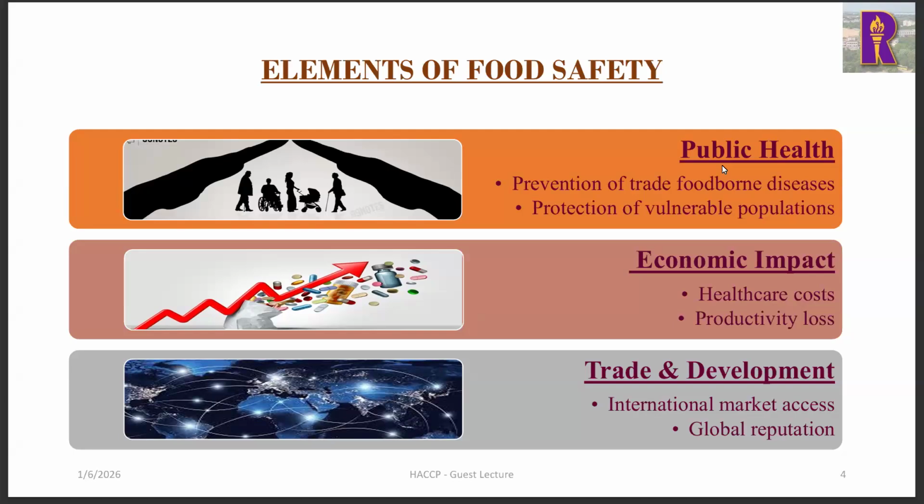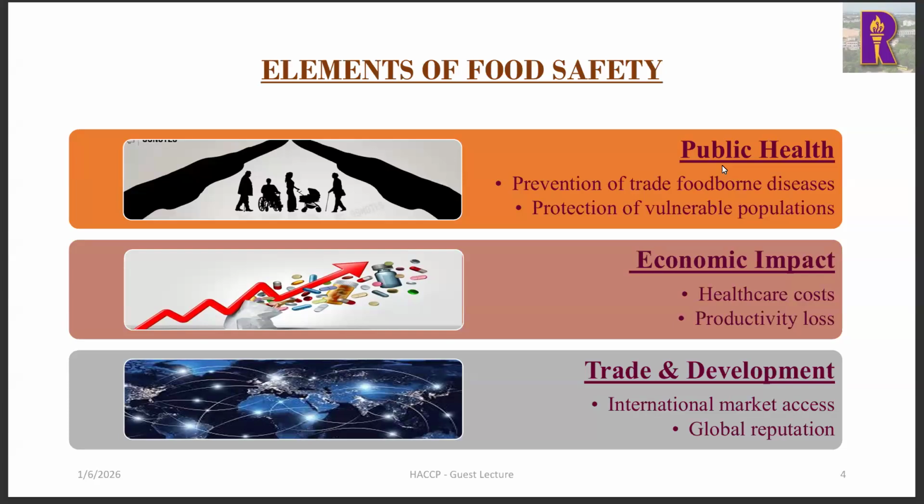And the second is the economic impact. We all know economic is nothing but the country growth, the global growth. So when there is a food safety defect or a decline in food safety of any product, there come the consequences of foodborne disease. There come the consequences of pharmaceutical improvements. So when pharmaceutical tablets and all those medical healthcare systems get into the way when there is a drop in the food safety system.